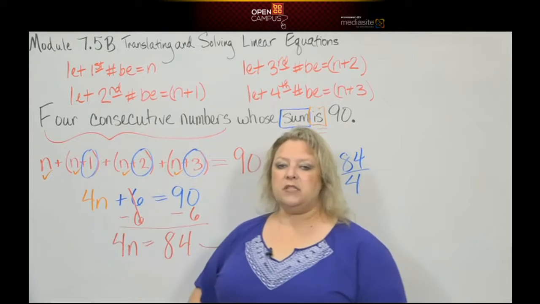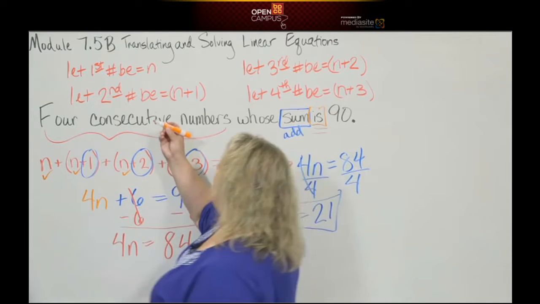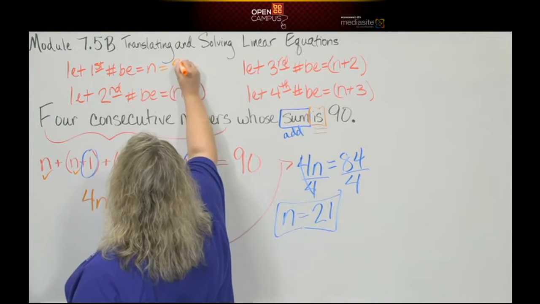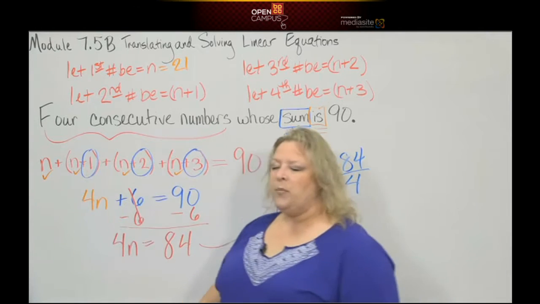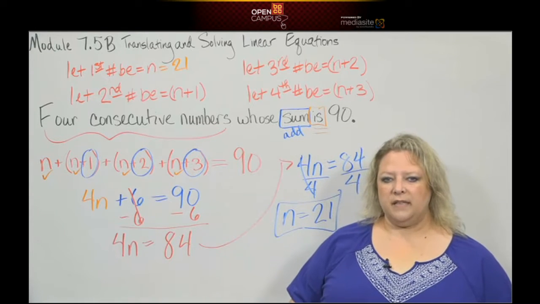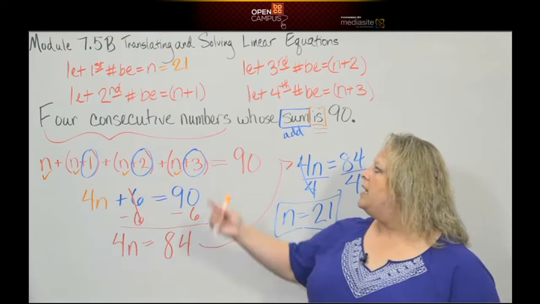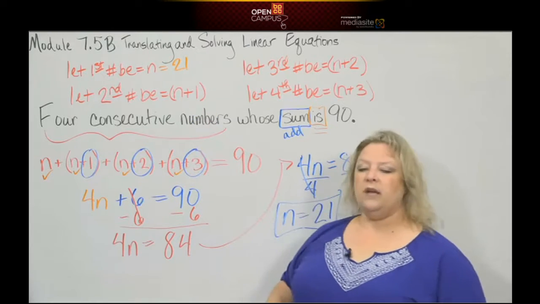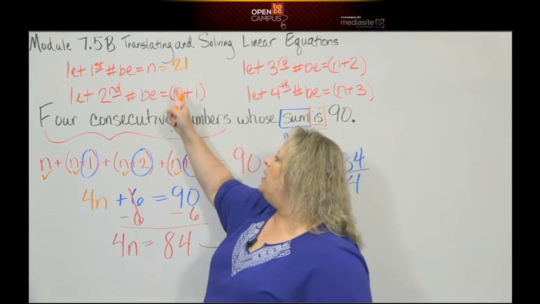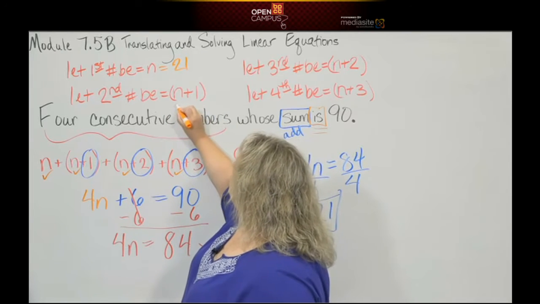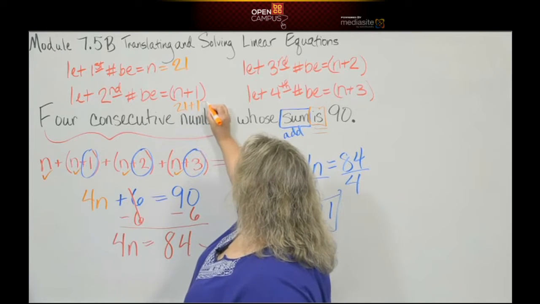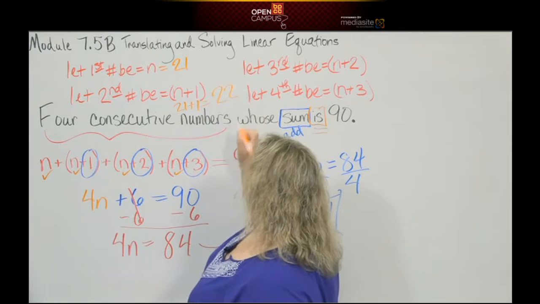That found my first number, true. Okay? So the first number is 21, but it didn't find the rest of my answers. So what I have to do is go do n plus 1. 21 plus 1 is 22.